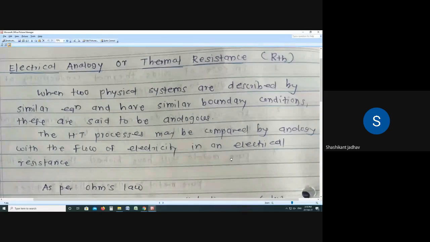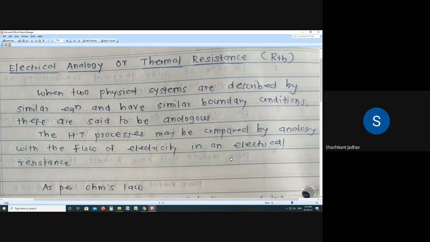That is current. And in heat transfer, heat is always in continuous movement. So now we have to understand the concept of electrical analogy, means we consider one electrical parameter and one heat transfer parameter, and see the similarities of these two parameters.